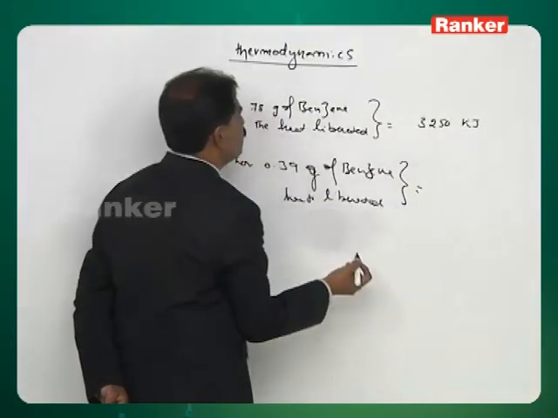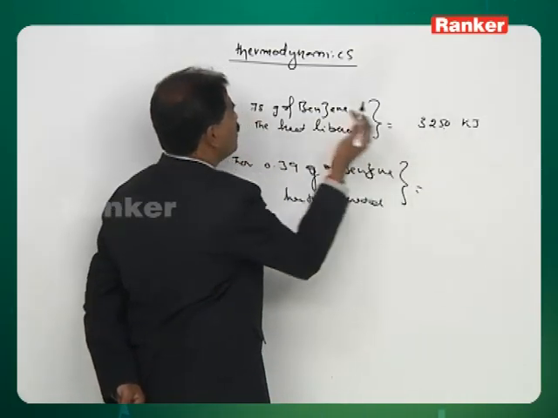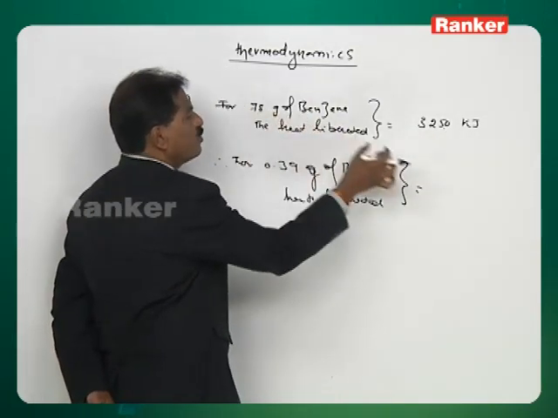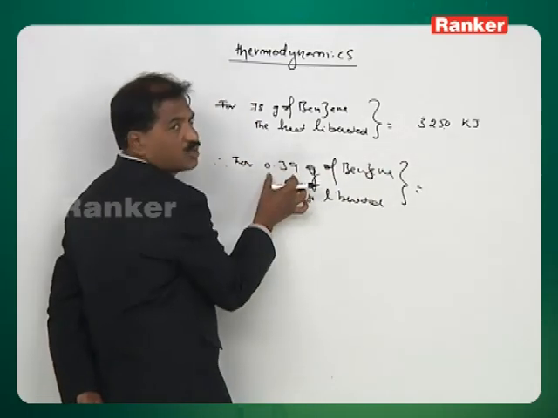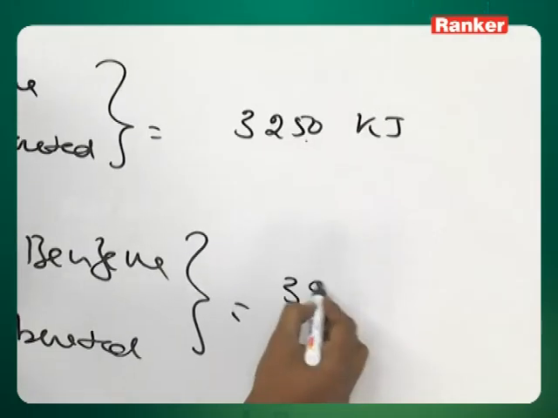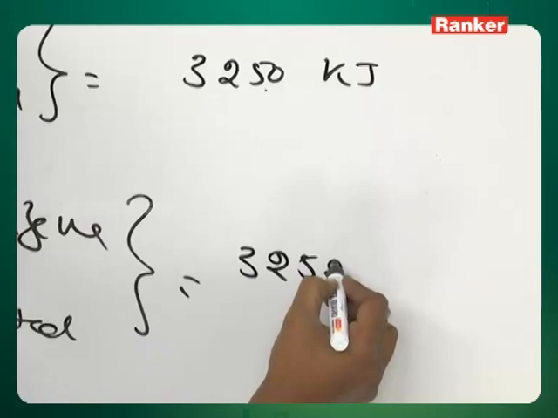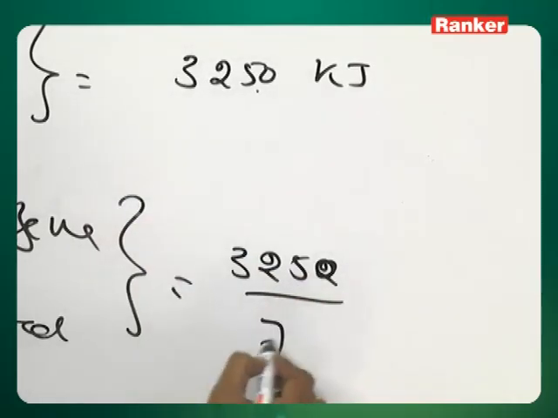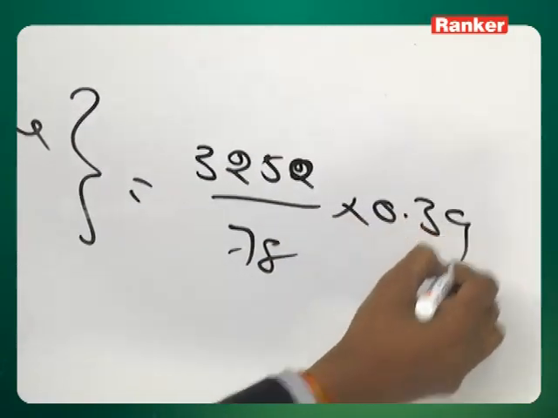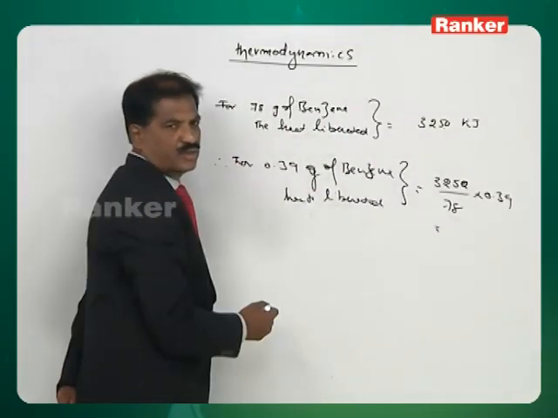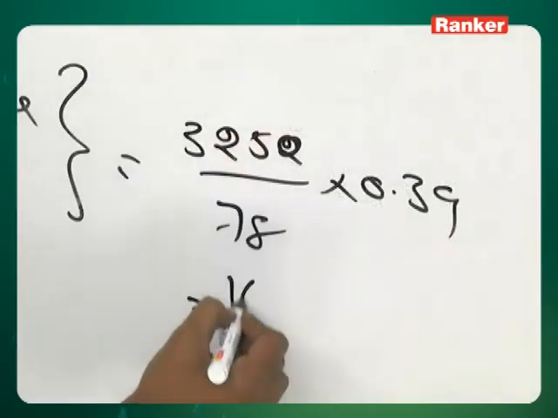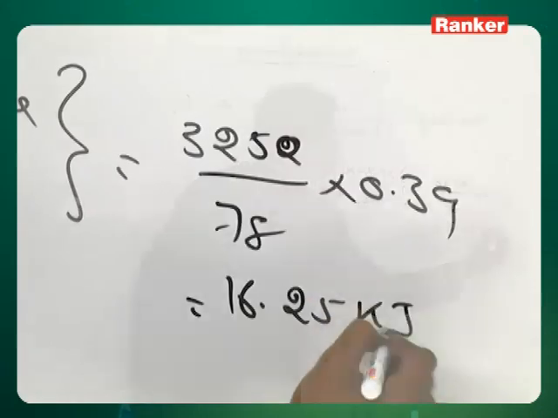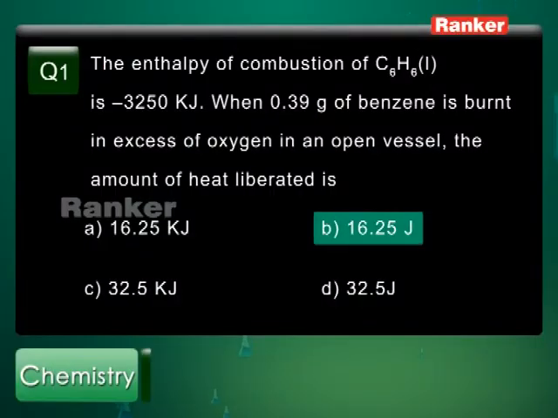In the problem, they have given the amount of heat liberated for the burning of 78 grams. We have to calculate the amount of heat liberated for 0.39 grams. Therefore, the solution is 3250 upon 78 into 0.39. So the answer is 16.25 kilojoules. Answer is B.